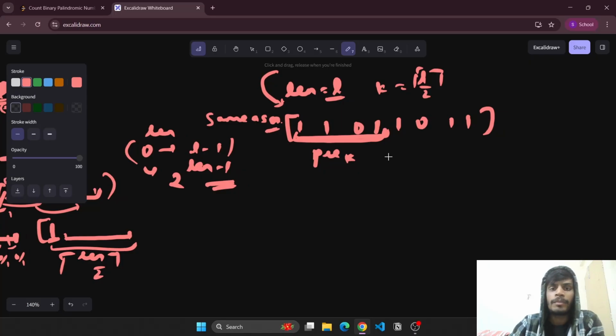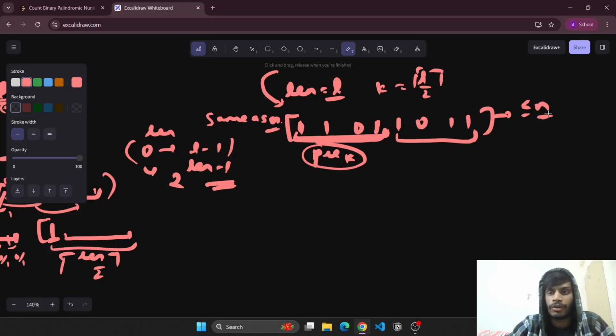So if we simply make this prefix equal to that of n, we need to find this mirror part and then check whether the value that we have constructed is less than or equal to n or not. But what about values where the prefix of k is less than the prefix of n?